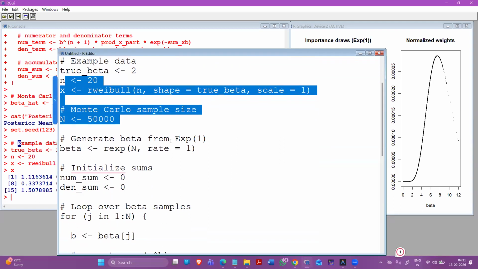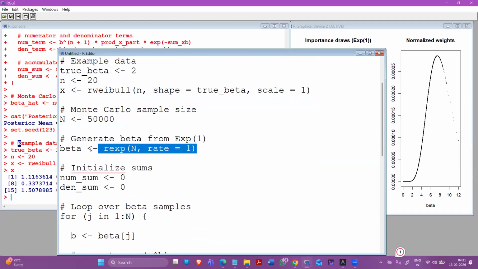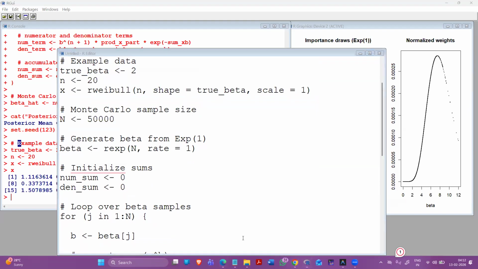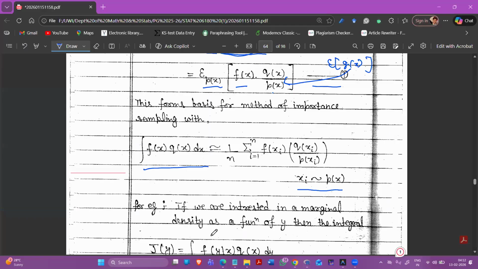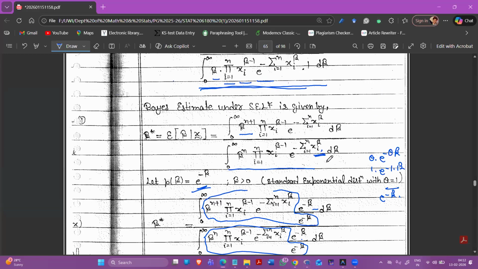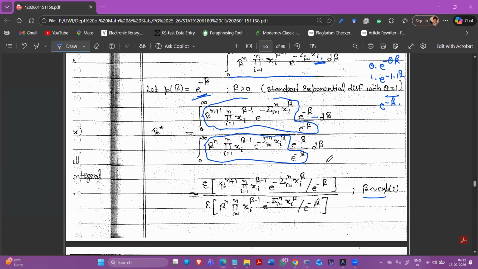After that, I am going to generate the beta from the exponential distribution with parameter 1, and I am going to generate 50,000 values of beta because I need to keep these 50,000 values in this function. Now this is the distribution of beta.